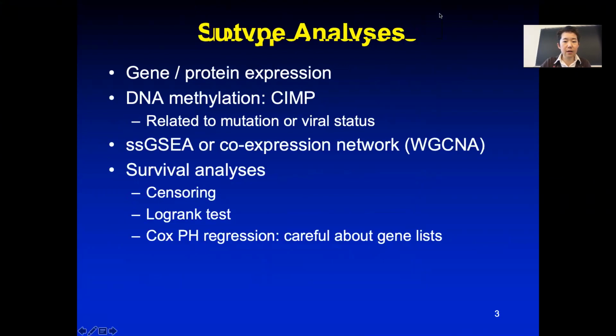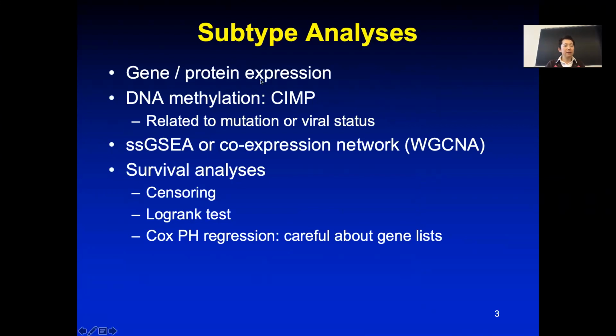And then we talked about subtype analysis. Usually the subtypes come from gene expression or protein expression from big projects like TCGA. You can cluster the samples, right? Recently, when people looked at DNA methylation, they also detected subtypes of cancers within a cancer type that have very unusual DNA methylation phenotypes.